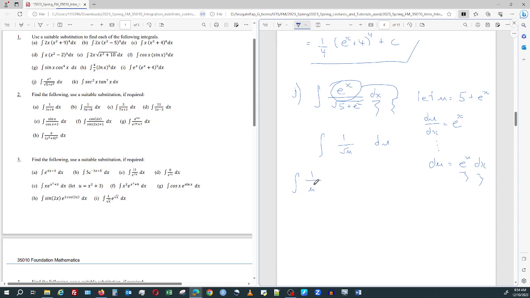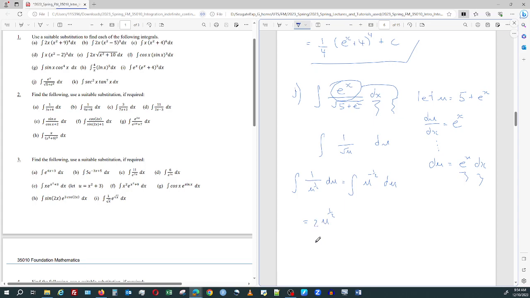So the integral of u to the half du is equal to the integral of u to the minus a half... So we do up and under. Minus a half plus 1 is a half, so I'm being a bit cheeky doing something in my head. Divide by a half means we're going to have times by 2.